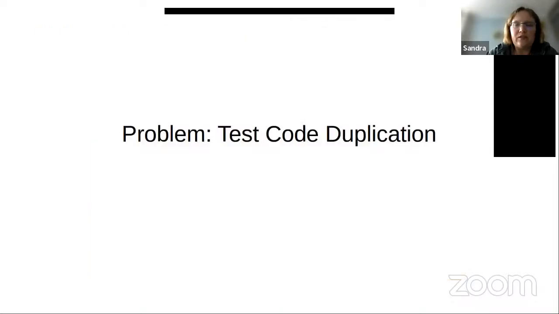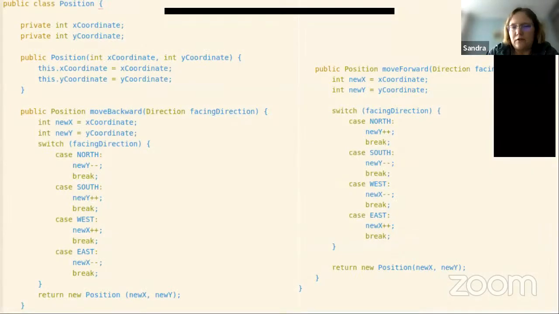The next one is test code duplication. Let's have a sample. Here's a class that describes positions. It's a piece of code from the Coding Kata Mouse Robot, where you have a little robot on a mouse and you have to program its movement.